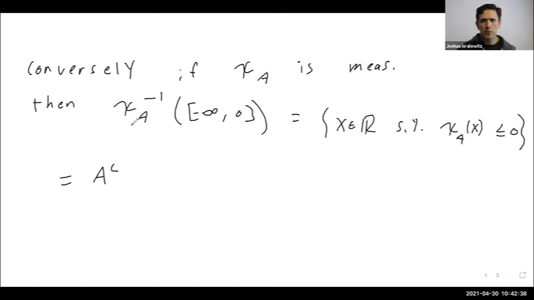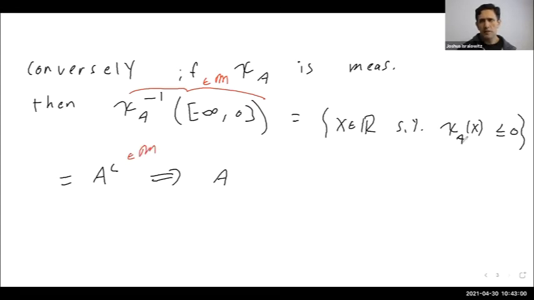So by assumption, because it's a measurable function, for any C, in particular C equals 0, this is a measurable, a big measurable set. So a complement is measurable. That implies A is measurable.